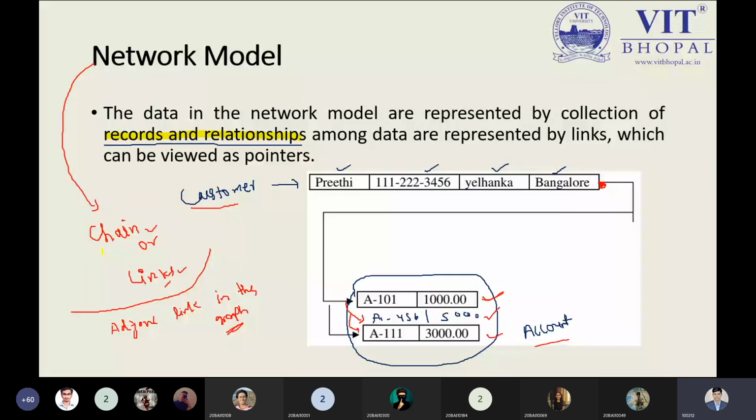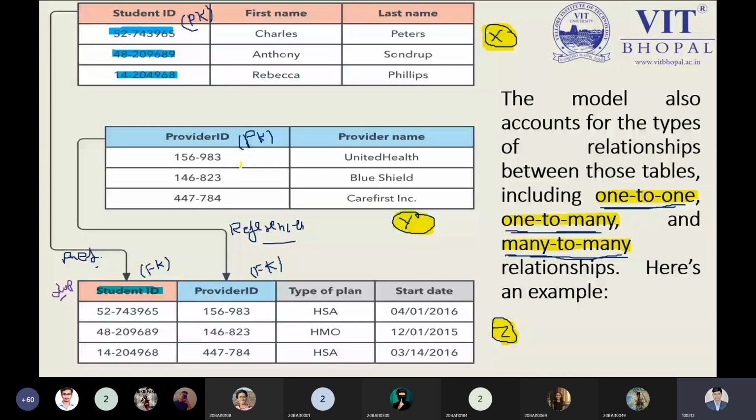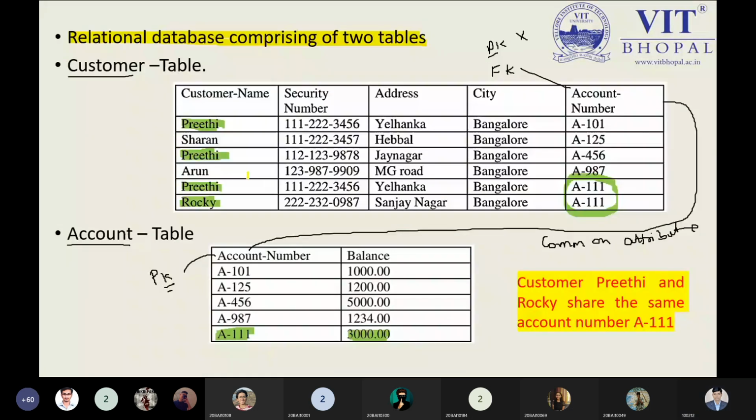Let us move to this table. So Priti belongs to this record, I'm highlighting it, please check the highlighted points. This record will be mapped with this point.